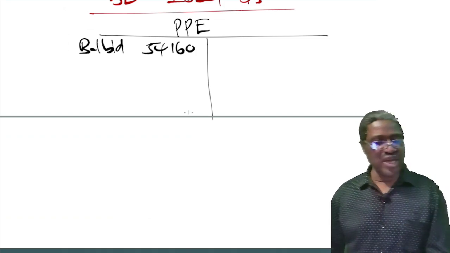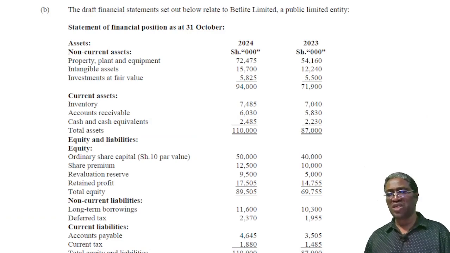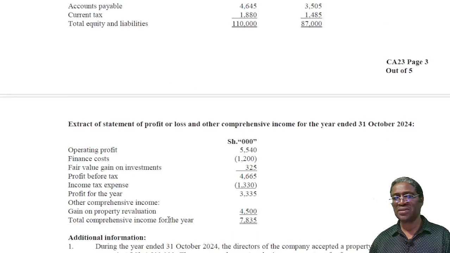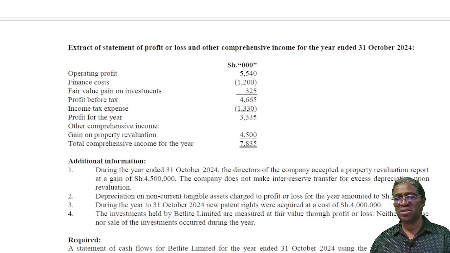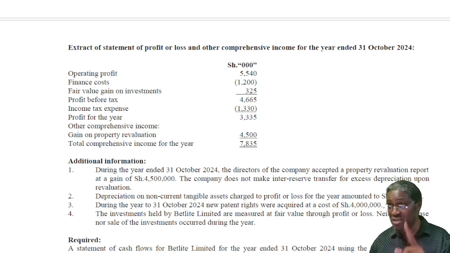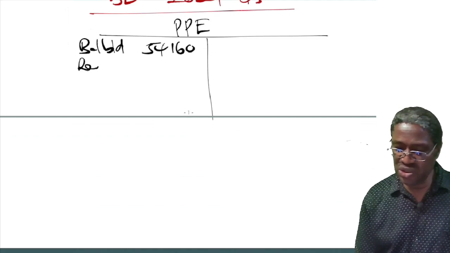So let's go through the additional information. What are we told? Number one, we were told that there was a revaluation of 4.5 million gain. So we come and debit, revaluation.